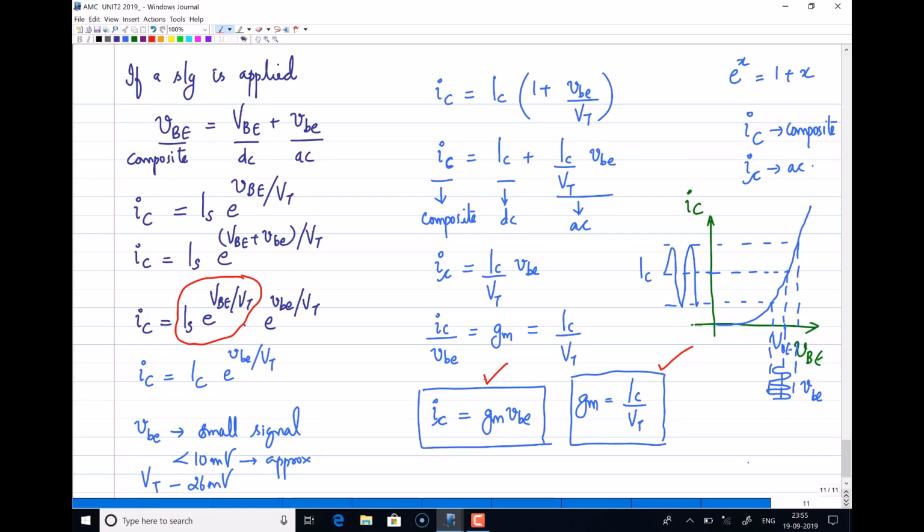Now when we compare this with a MOSFET, we have the same relations. In a MOSFET, it is iD equal to gm into vgs, and there are several relations for gm: the square root of 2 mu Cox (W by L) ID, and 2ID by VOV also. So these are the MOSFET relations.